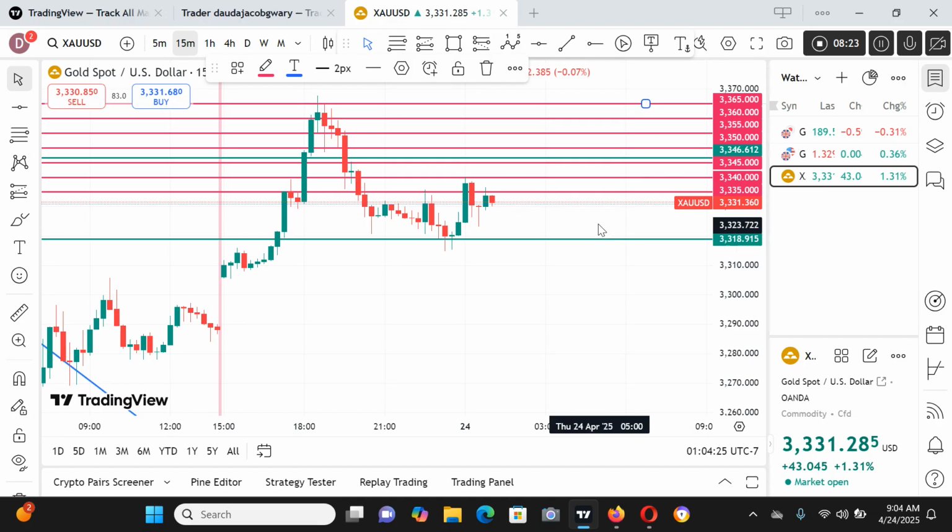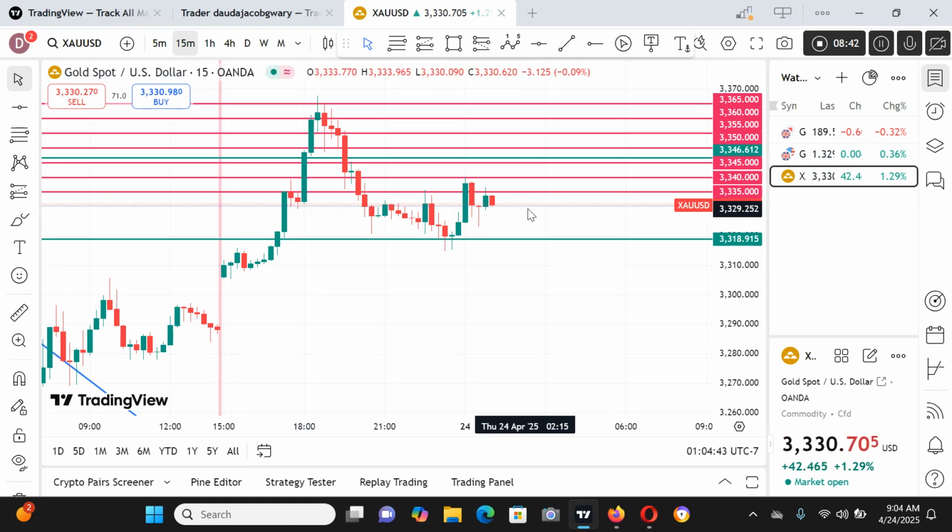We'll be adding 50 pips each. So let's add a few more downwards here. If the first one is 3335.00, the one below here will be 3330.00. So 50 pips each.